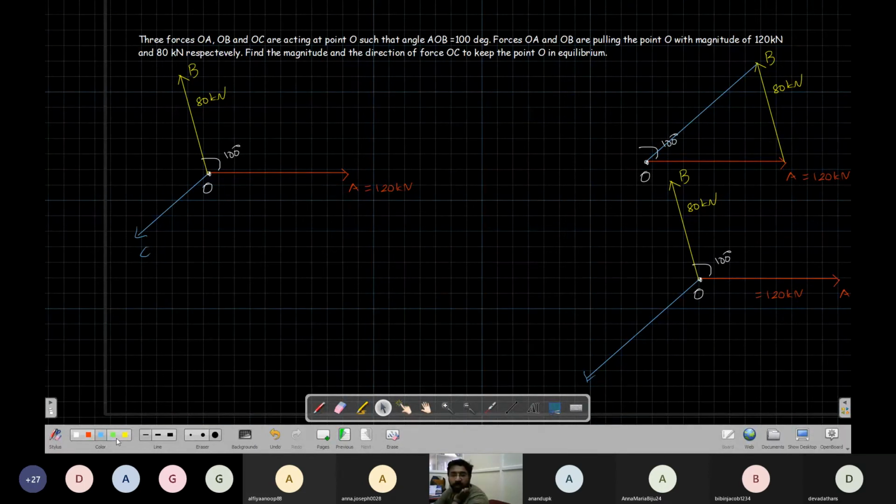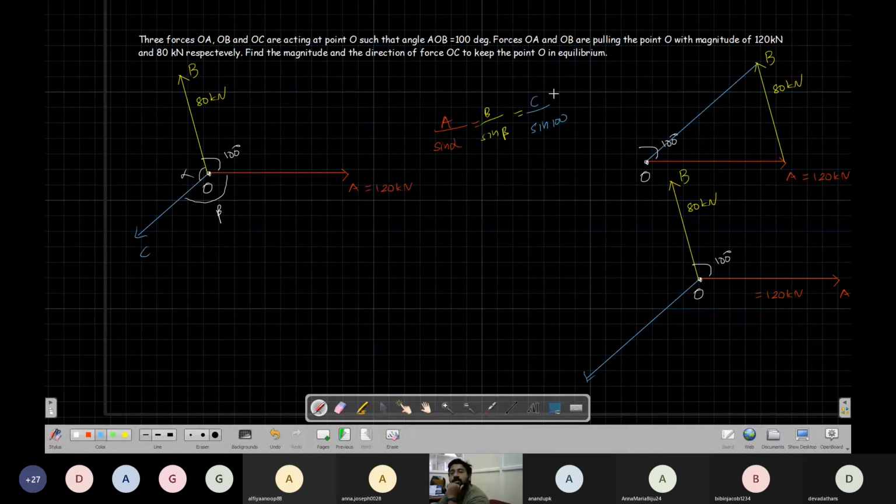So I will give you some clues. Let this angle be some beta and this one some alpha. So what I know is A upon sin alpha should be equal to B upon sin beta should be equal to C upon sin of the third angle.